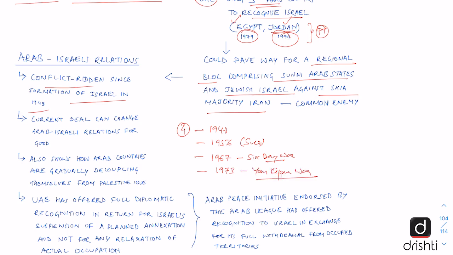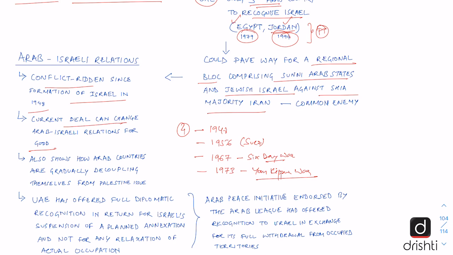After all these wars, Israel has gained in strength as well as in territory, whereas the Arab countries have not been able to subdue Israel. And now it seems that the current deal between the UAE and Israel will change the Arab-Israeli relations for good.